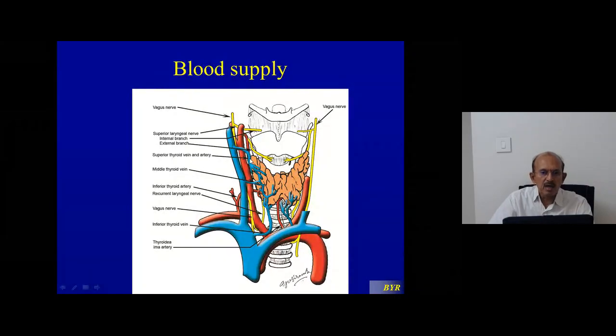Can you tell me the branches of the common carotid artery apart from these two? Apart from the external carotid and internal carotid, what are the other branches of the common carotid artery? What are the other branches?